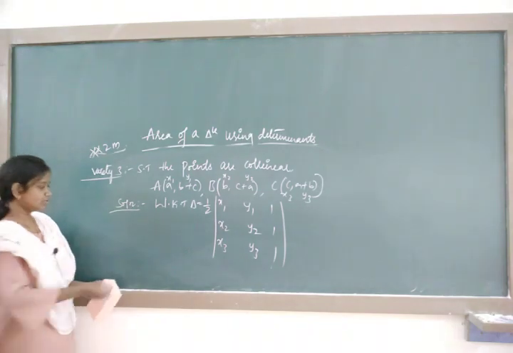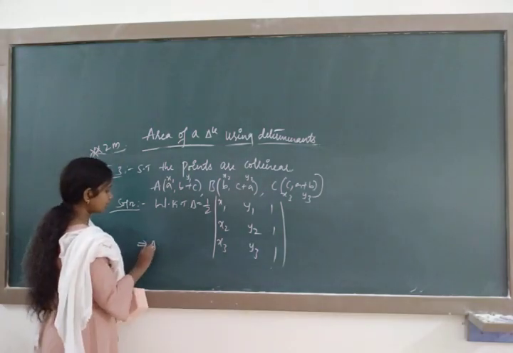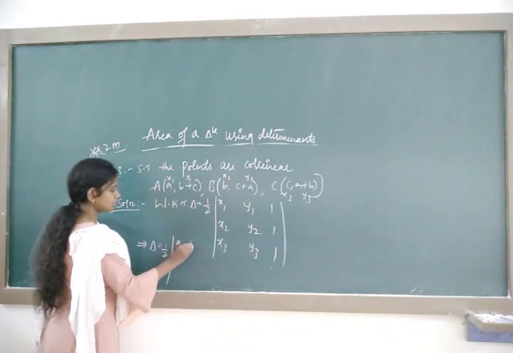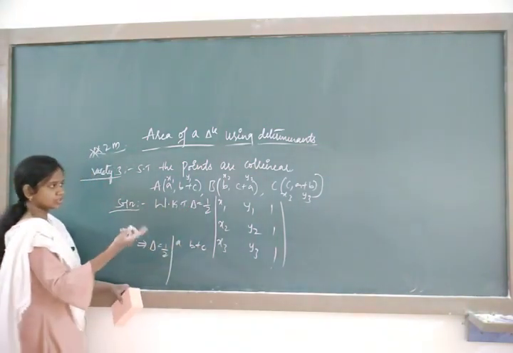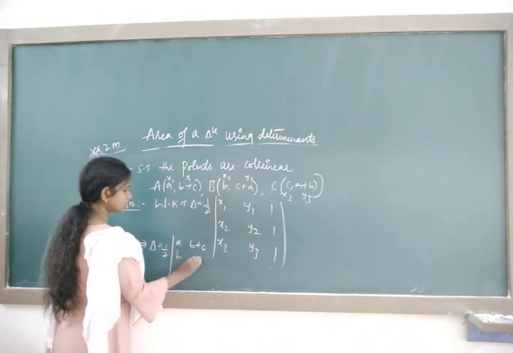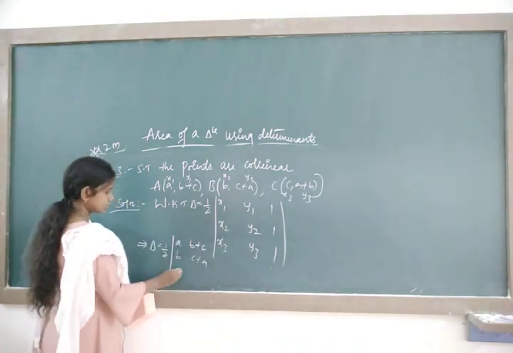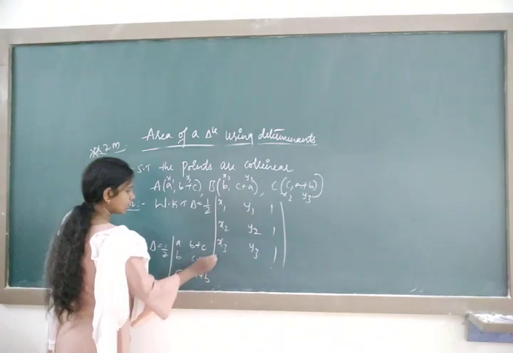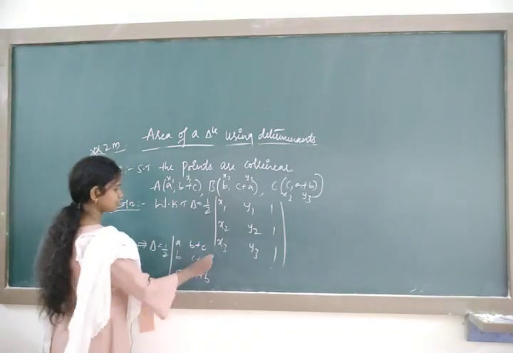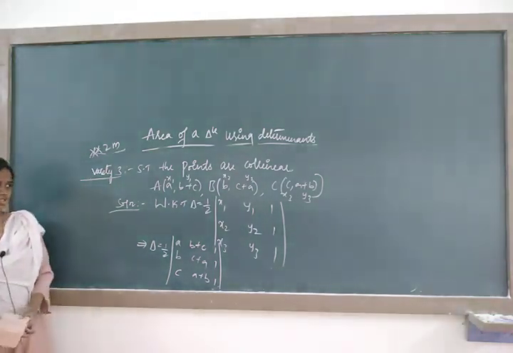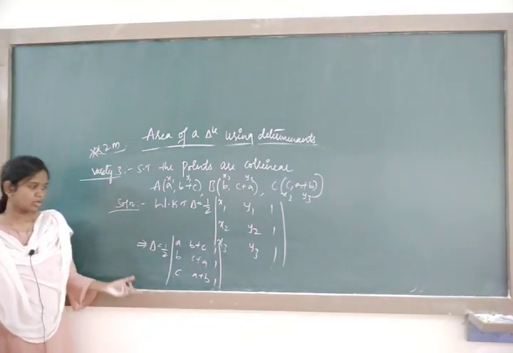Now substitute: delta is equal to half, x1 y1 is a, b plus c; next b, c plus a for x2 y2; next x3 y3 is c, a plus b. The last column will be 1 1 1.